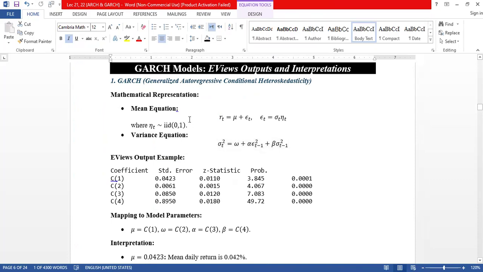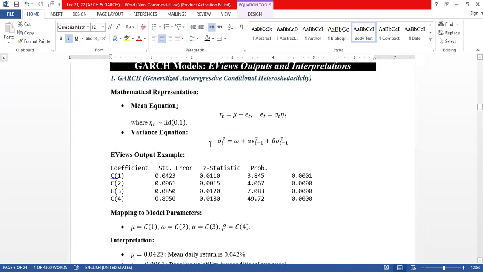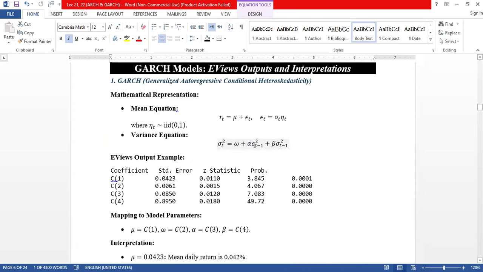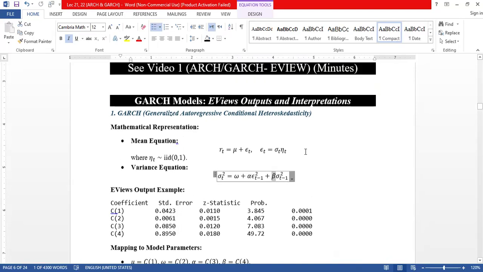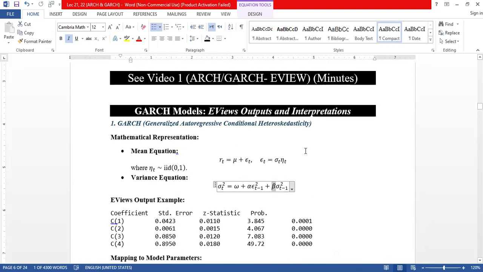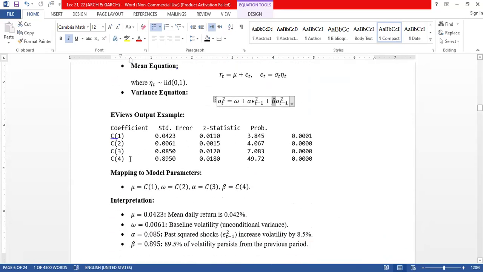This was your mean equation, variance equation. You get my point? And this is your GARCH model because this alpha is for the ARCH effect and this beta is your GARCH effect, because with alpha you have squared residuals, with beta you have the variances of the past term. That's why it is called the GARCH model, as Dr. Marashi has taught you very well.